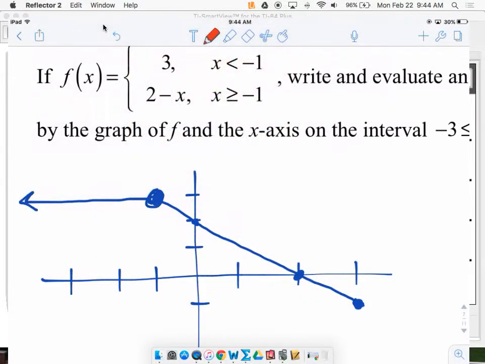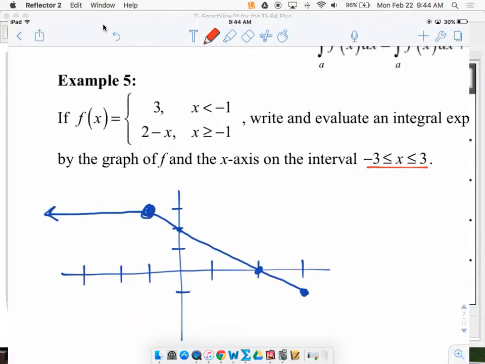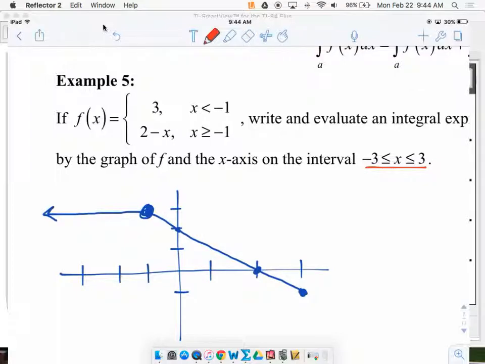They tell us that they're only interested in it from -3 to 3, because if you plug in -1 here, 2 minus -1 gives you 3. So like this overlaps that one. They kind of fall on top of each other. So this is 3 for less than -1, and then 2 minus x would go from -1 to 3.